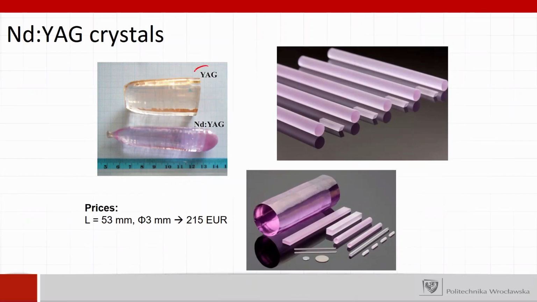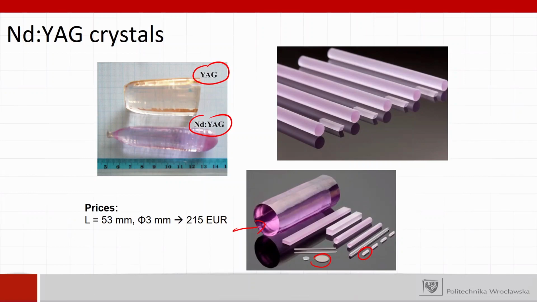You see this is the bare undoped YAG. This is YAG doped with neodymium, so it changes the color to a kind of purple. You can buy these crystals in the form of either a rod or small, tiny bulk pieces of crystals, even discs, depending on your application. And this is easily available on the market in different sizes and shapes.